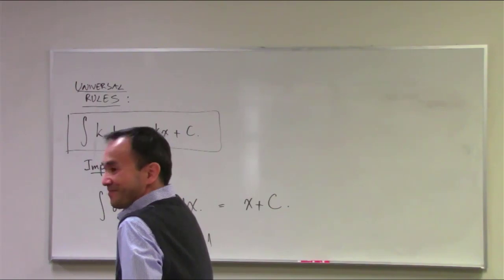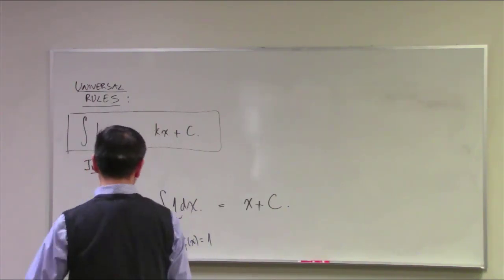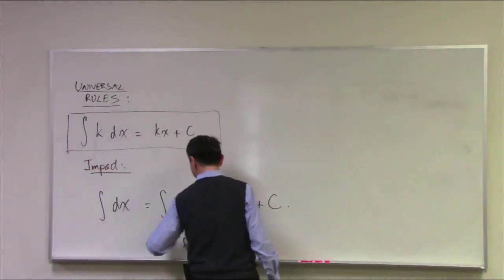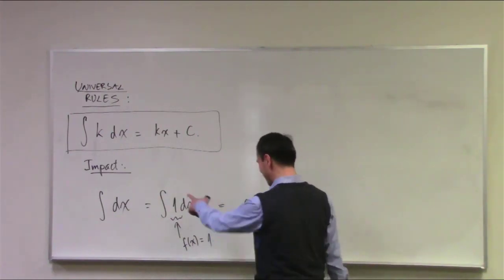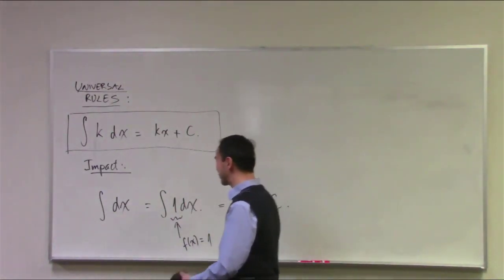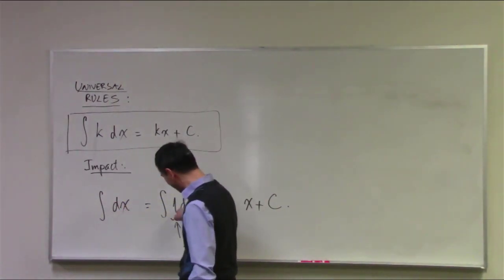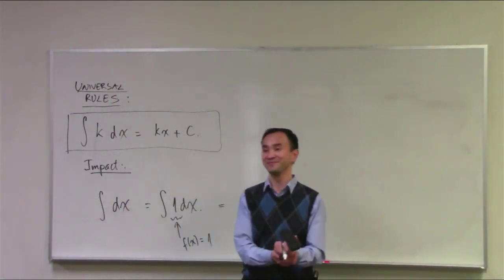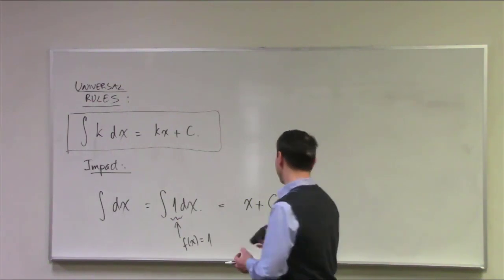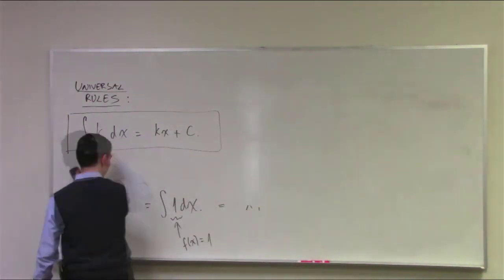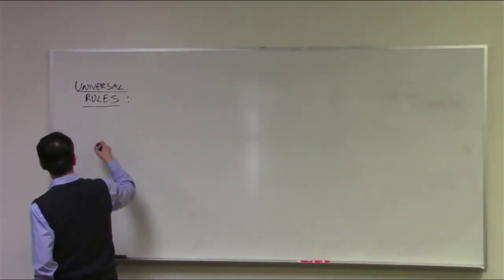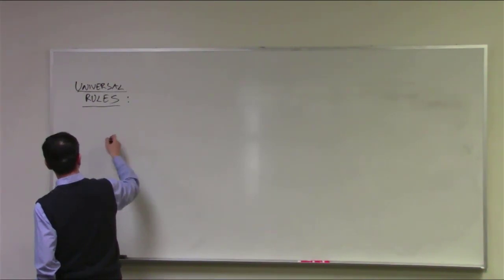Sound good? Okay, so take a good note of that. When you see this kind of weird antiderivative problem, a lot of times it means you take the antiderivative of the function 1 dx. All right, so another rule is worth your attention.